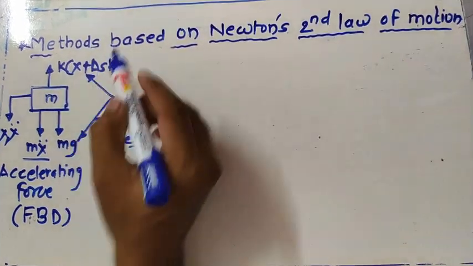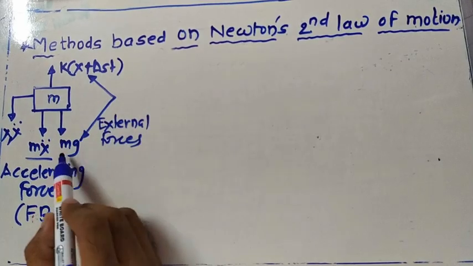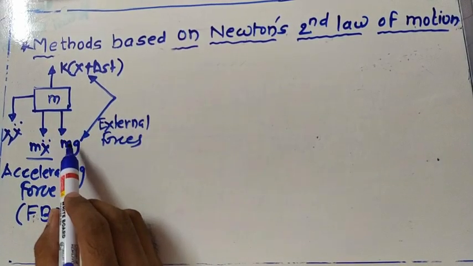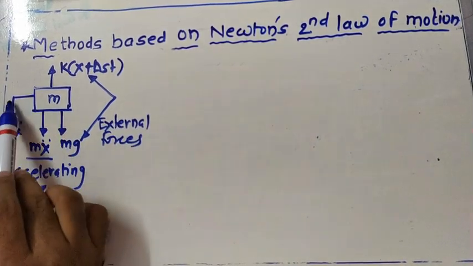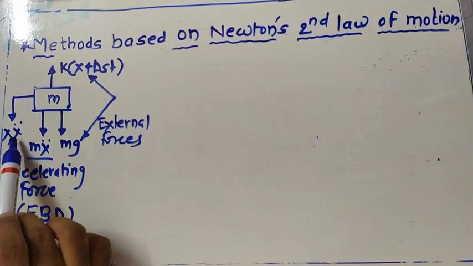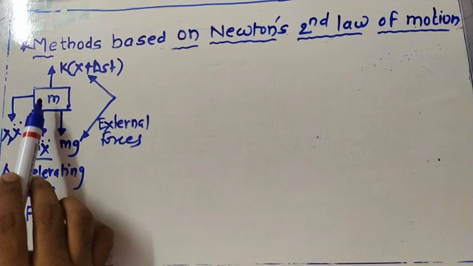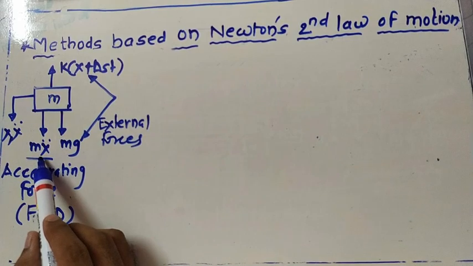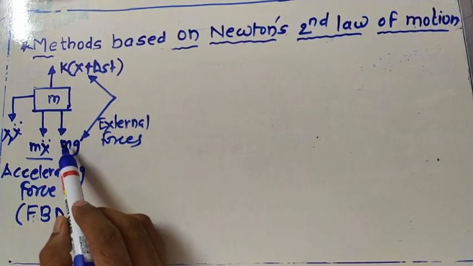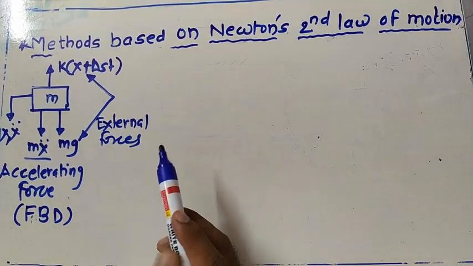So these two forces, the spring force and the self weight of that block, are nothing but the external forces. This is nothing but the direction of displacement. And the acceleration will come in the same direction. So this indicates the accelerating force, and these two forces are external forces.